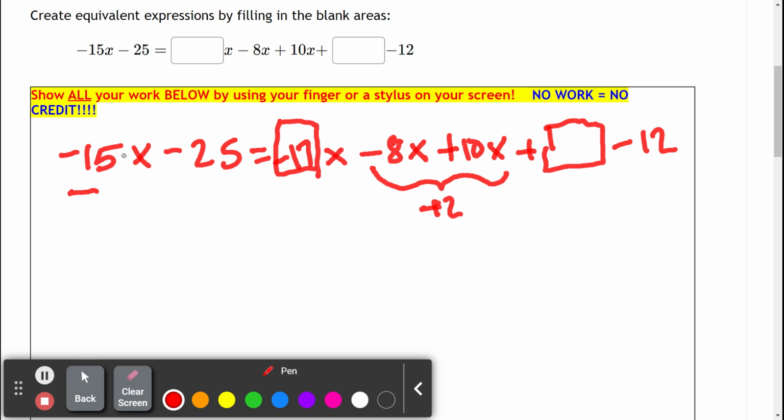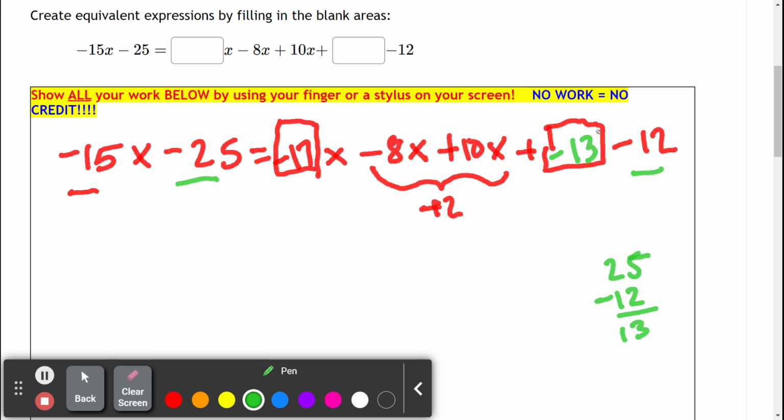And then with the number, this -25, well, I have -12, so that means I need another negative number here. And what's the rest? Well, 25 minus 12 is 13. So this would have to be -13 right here.